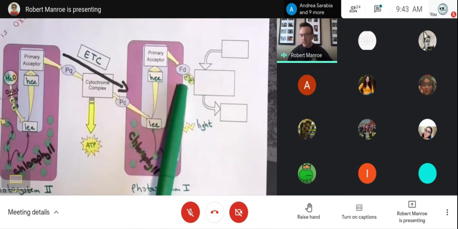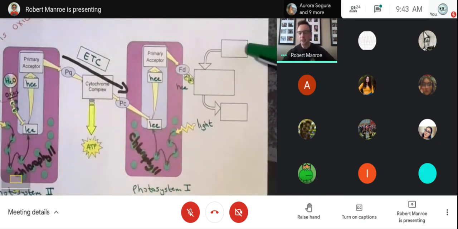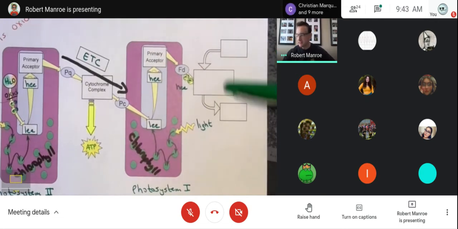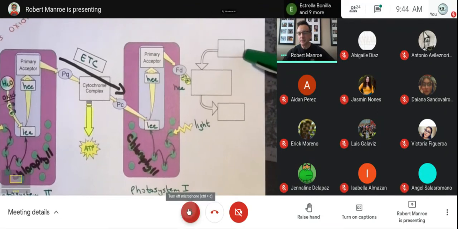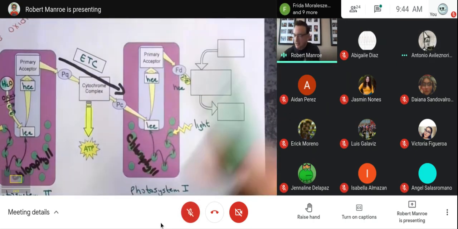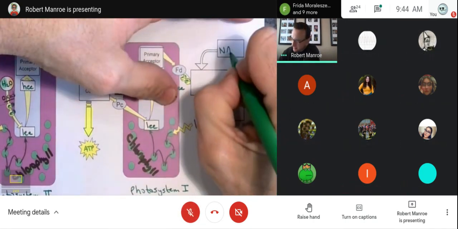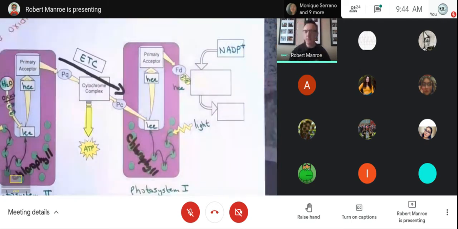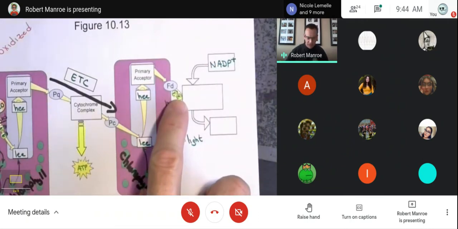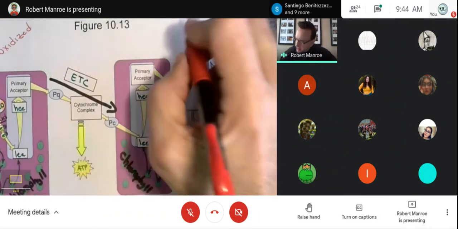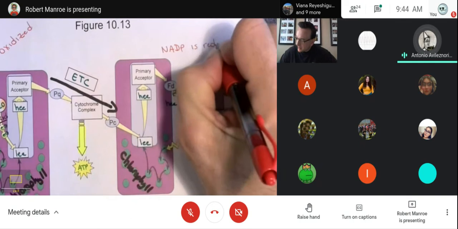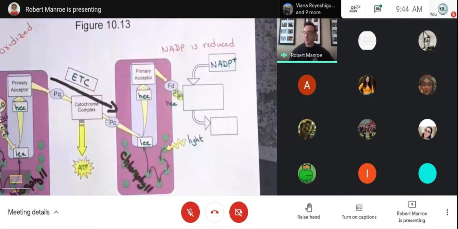These high energy electrons need a carrier. Which carrier picks up these electrons? Who's the carrier? NADP. So that means NADP is going to pick up these electrons, which means that NADP is reduced, you bet.